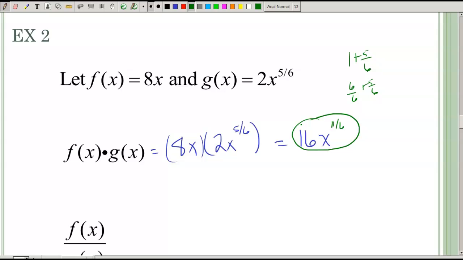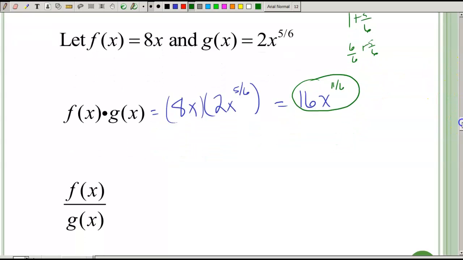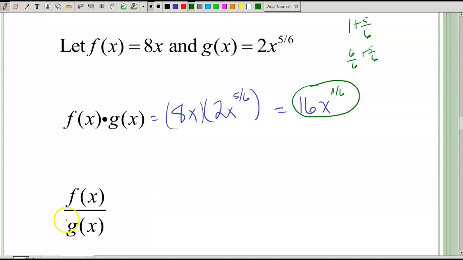And then looking at division. So now, what is f of x divided by g of x? That is going to be 8x divided by g of x, which is 2x to the 5/6.